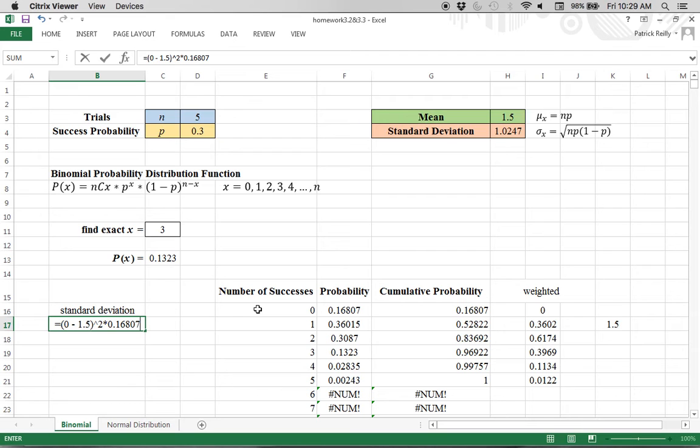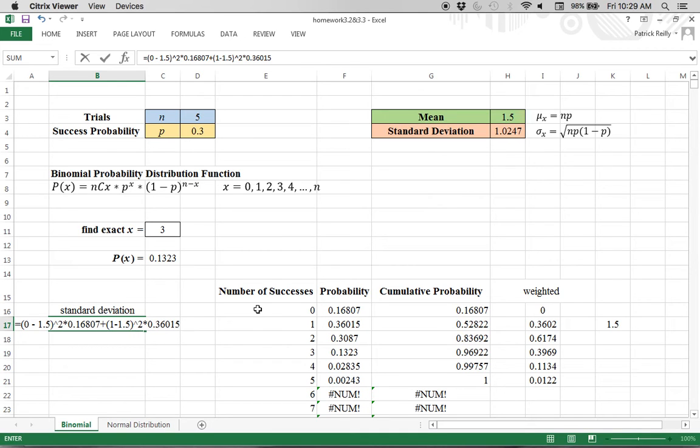Okay, and then we add that to the next number of successes, squared, number of successes minus the mean squared times the probability of success.